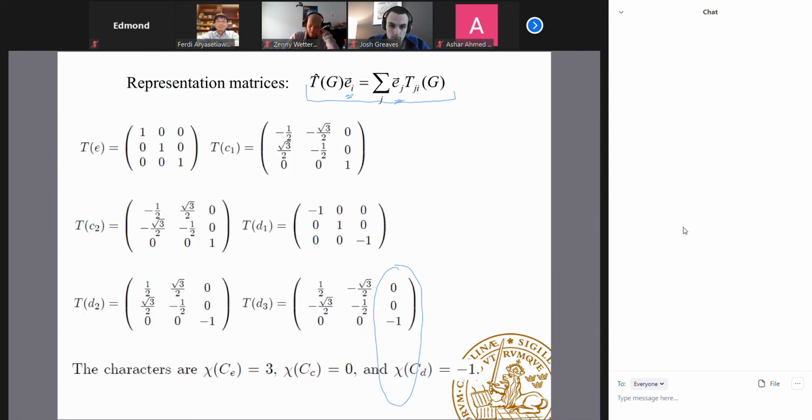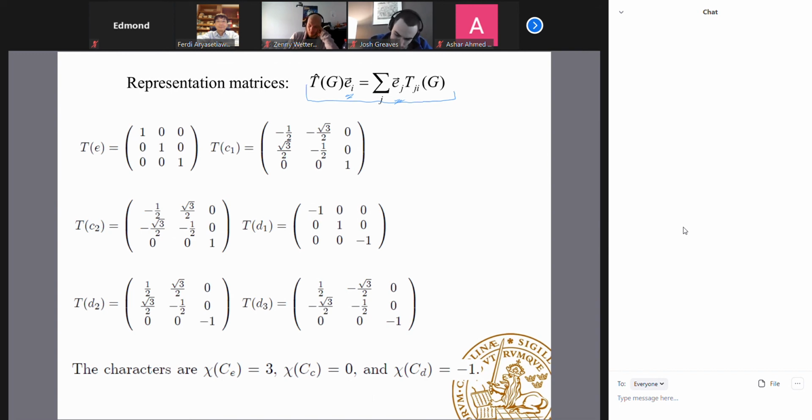You can see this more explicitly. Let me erase this first. Okay. So we can then easily construct the representation matrices for the symmetry operators, T_G. For the unit element it is obvious, it's just a unit matrix, 1, 1, 1 along the diagonal.